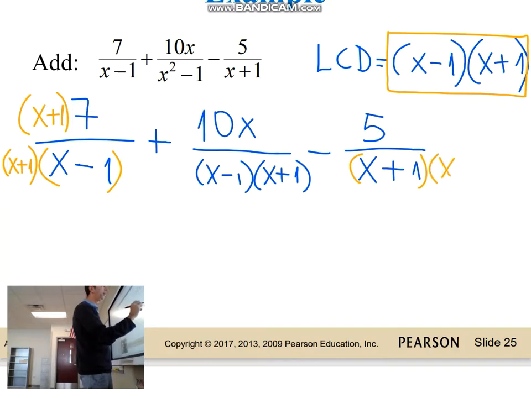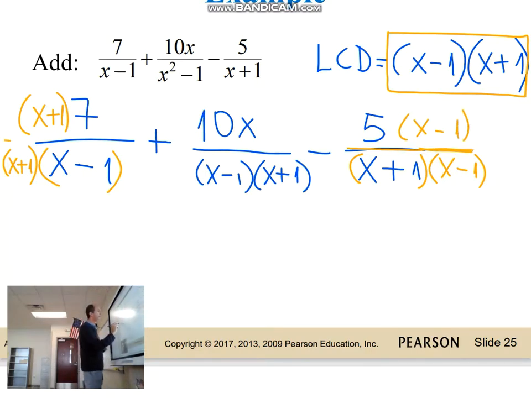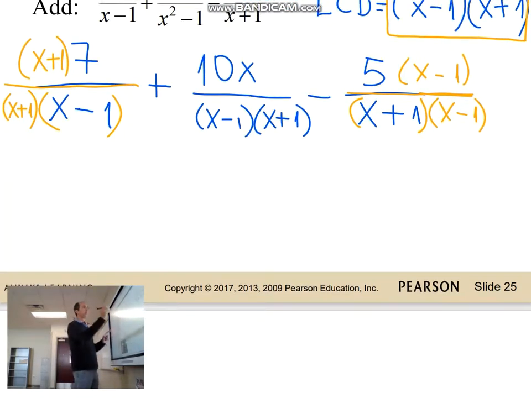We need to multiply by x minus 1 on the bottom and on the top. Don't forget, both numerator and denominator need to be multiplied by the same factor. Okay? And we can rewrite this.